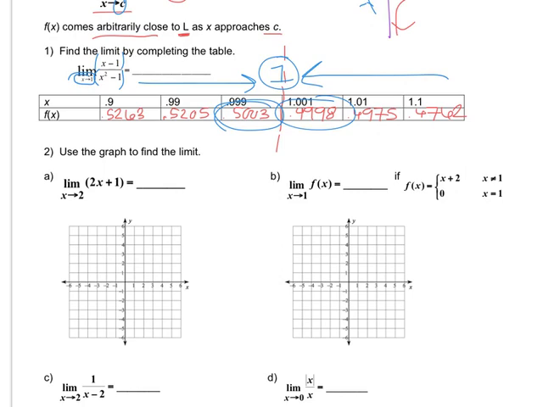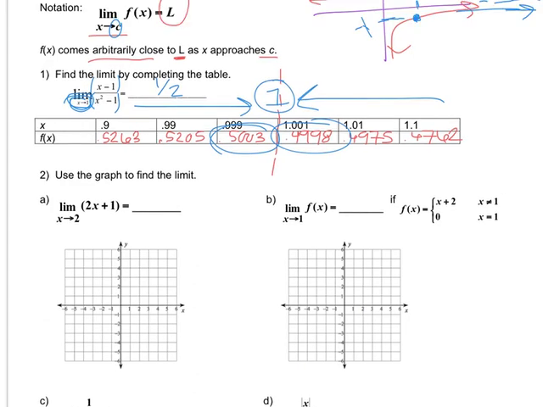What you're going to see is this will get closer and closer to 1/2 on both sides. So using the table, we can see that the limit of that function as x approaches 1 is 1/2. That's just one way we can figure out the limit of a function, by asking the calculator to tell us what the y value is as we get very, very close to whatever that value of c is.